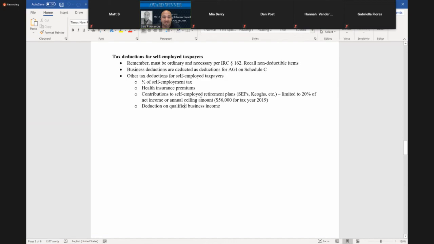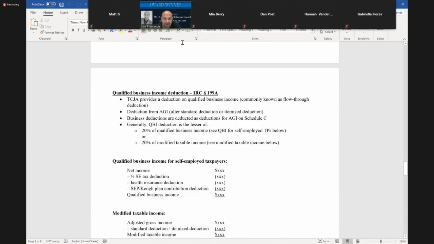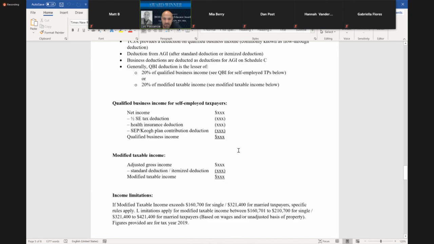The IRS is not going to tell you what to deduct. You've got to put those deductions on your tax return. If you don't claim it, they're not going to tell you, oh, by the way, you missed this deduction. You've got to make that determination. The deduction on qualified business income is a deduction from AGI. Now, again, we talked about this before. We're not going to do more problems on it.